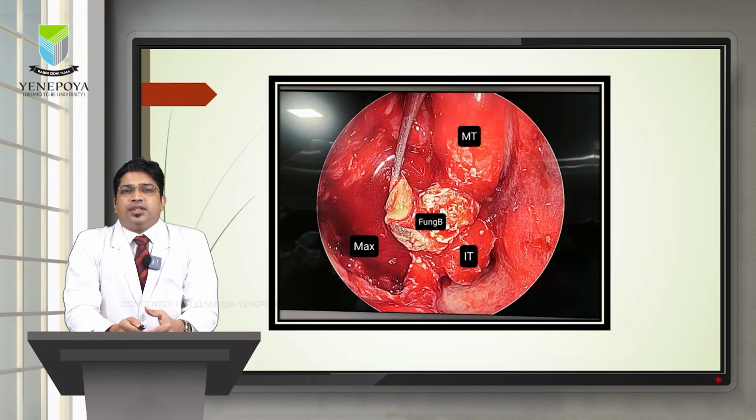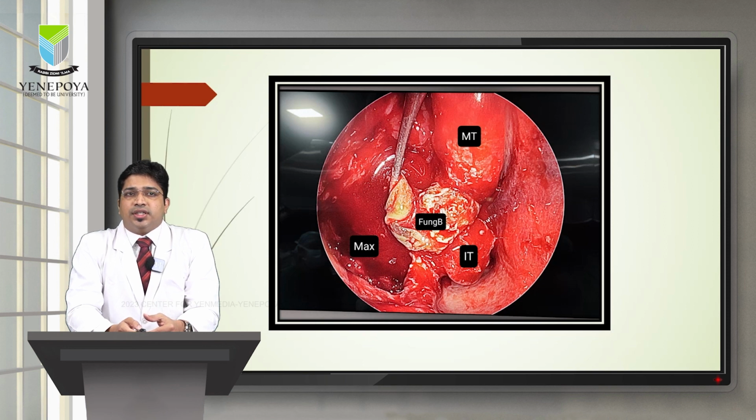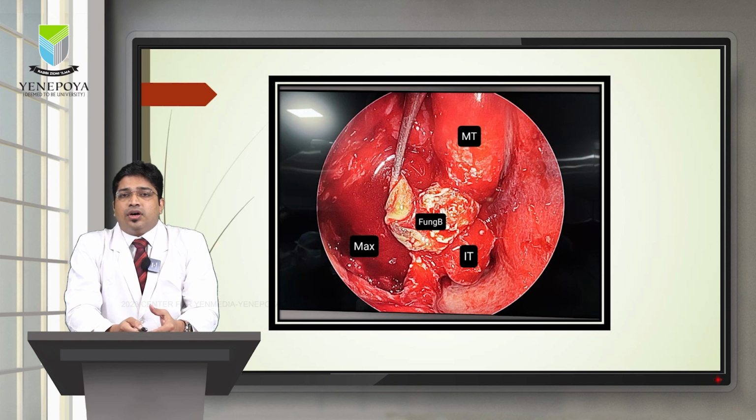When the treatment, which is directed endoscopic sinus surgery, is done, we see that the sinus which is involved also will not have much signs of reactive inflammation. There may not be mucin, there may not be hypertrophied mucosa, but we will just see a fungal ball which has been successfully contained in the sinus by the immune system of the body.